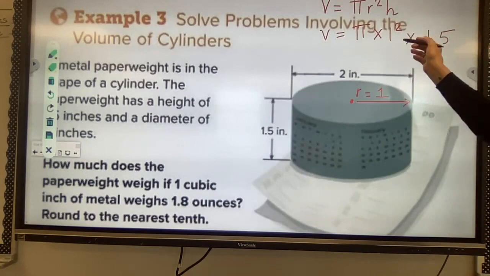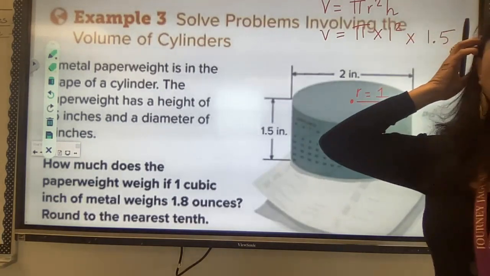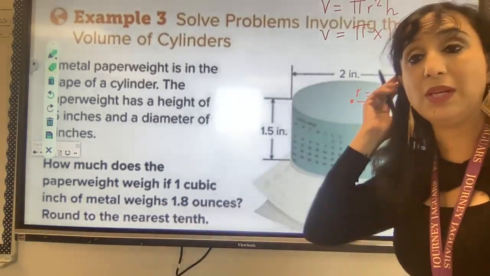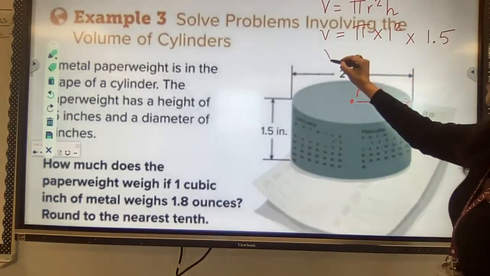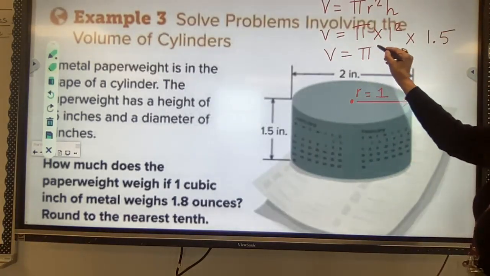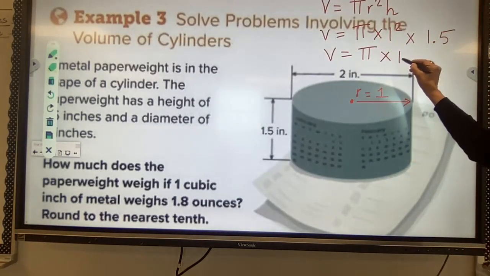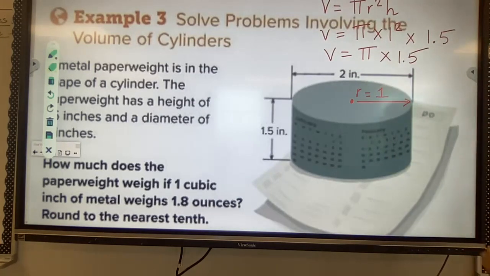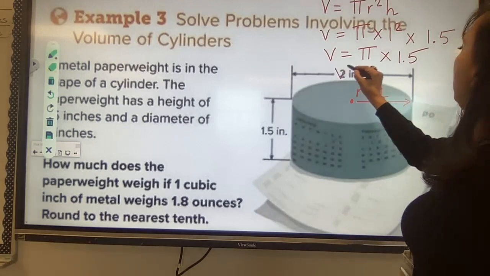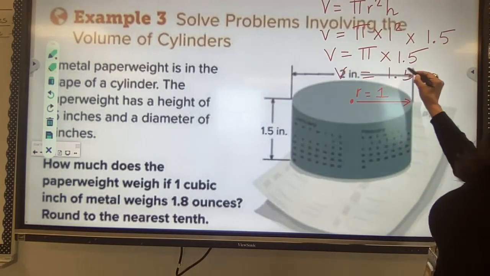Okay, and so 1 times 1 and all that is always going to be 1. So ultimately what is my volume? It is going to be pi times 1 and 5/10, right? Or you can just say volume is 1 and 5/10 pi.